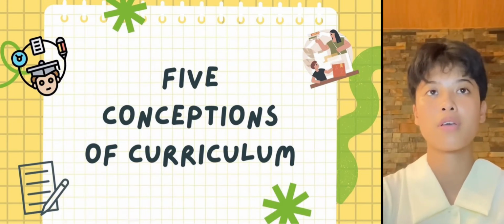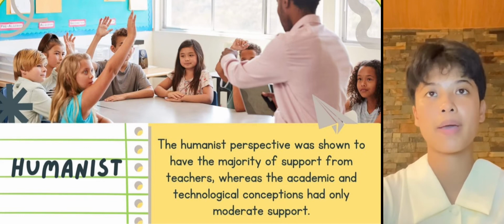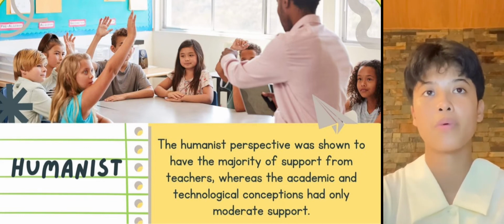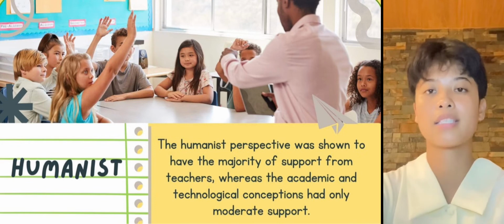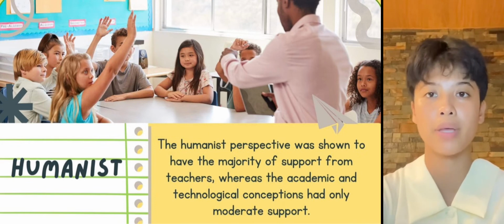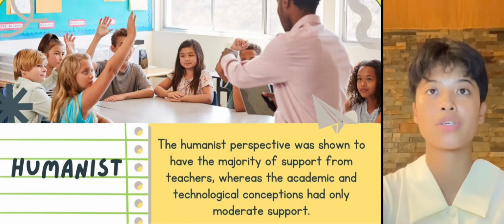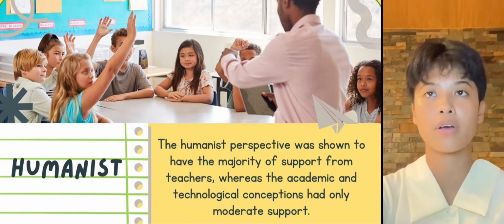So first is humanist. The humanist perspective was shown to have the majority of support from teachers, whereas the academic and technological conceptions had only moderate support. They nonetheless express some agreement with the social reconstructionist theory. The concepts used will improve comprehension of the pressures and controversies surrounding the current curriculum.